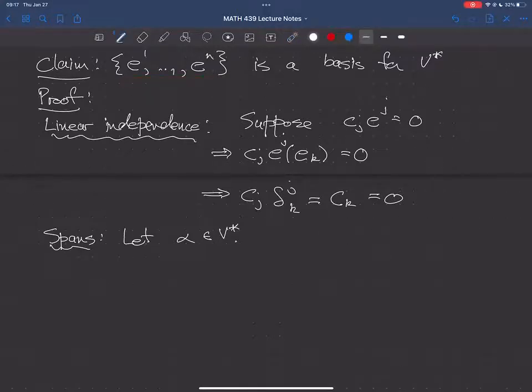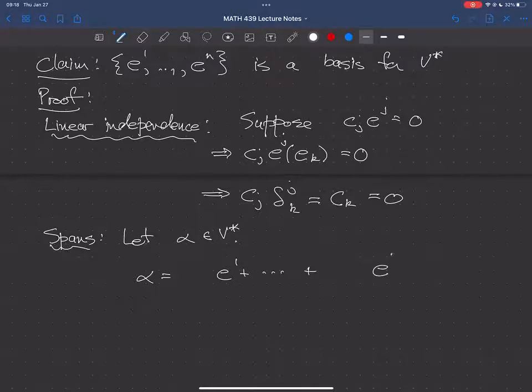So I'm going to write alpha equals some linear combination of the E super J's. And let me write out this linear combination not using the summation convention for a second, just because it's easier to understand when you are initially seeing this.